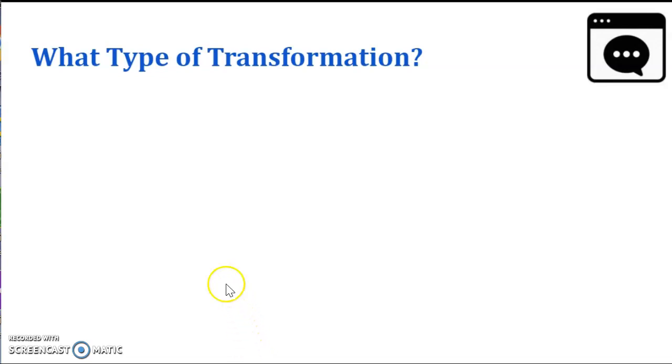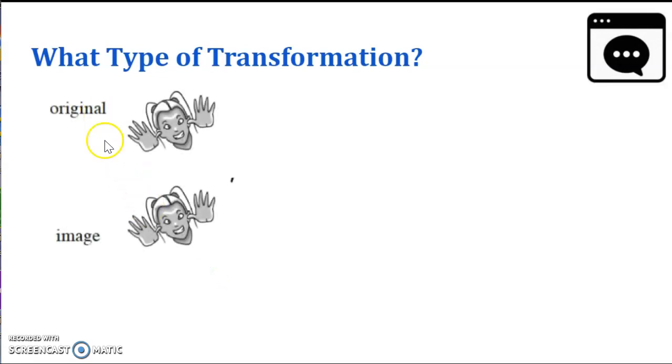Now it's your turn to tell me the different types of transformation that we have been talking about a lot up to now. When you see this image, the original is the girl on the top, and after the transformation, it's the bottom image. So it went from the top to the bottom. What's going on here? What sort of transformation is it?